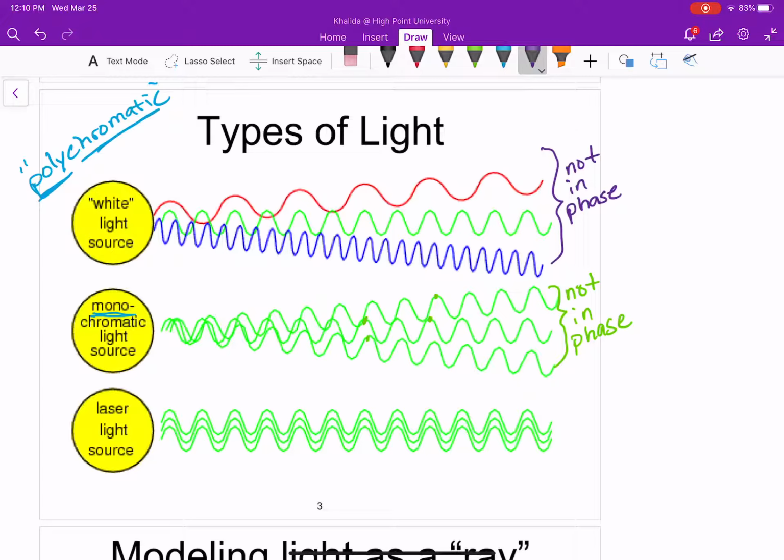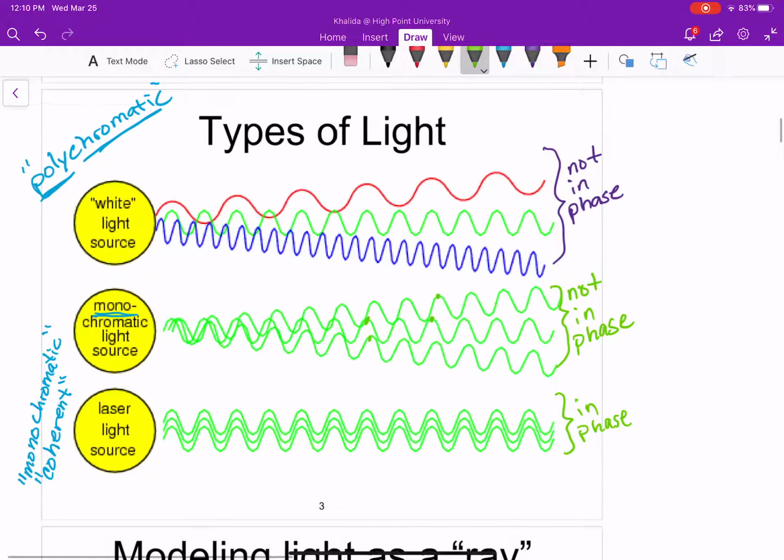So that brings me to the third type of light, which is monochromatic light, but it is also coherent. And by coherent, we mean that all of the waves that are being emitted are in phase.